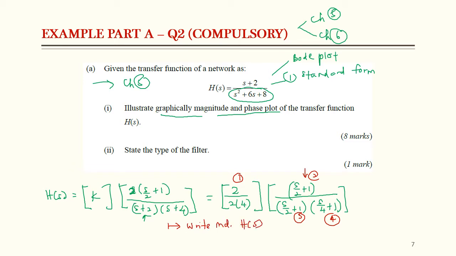I call it HxS, x depending on your number, and then sketch each individual HxS both in magnitude and phase. Once you have the individual transfer functions, then you need to sum them up, both the magnitude and the phase. So that's why you get 8 marks here.